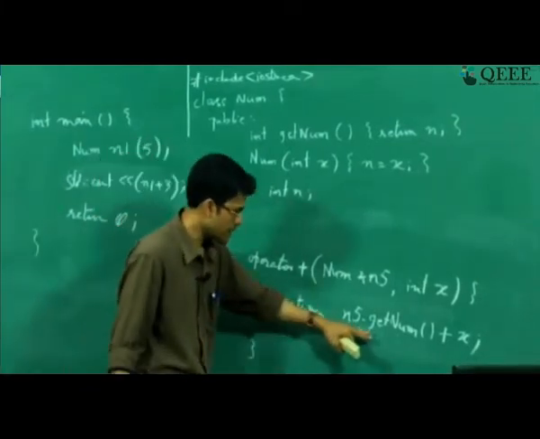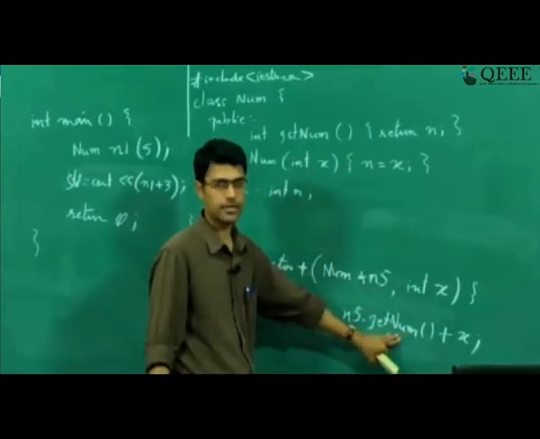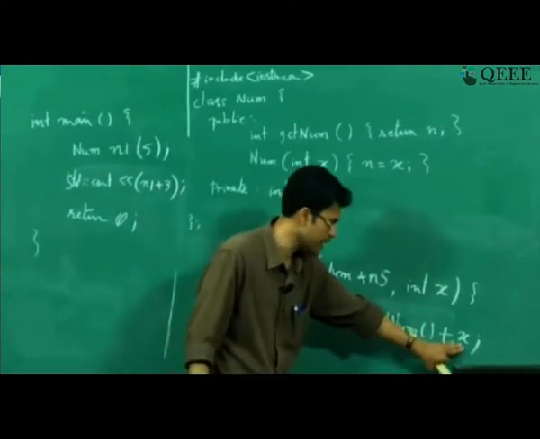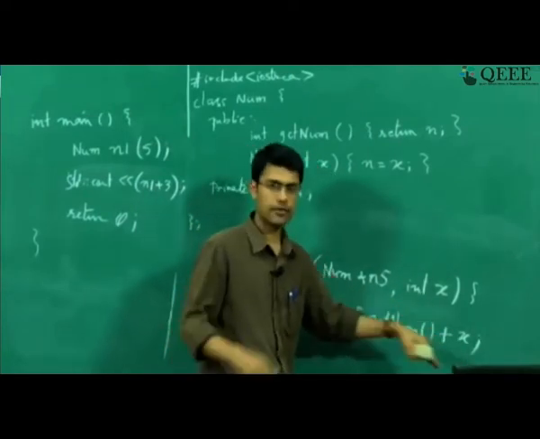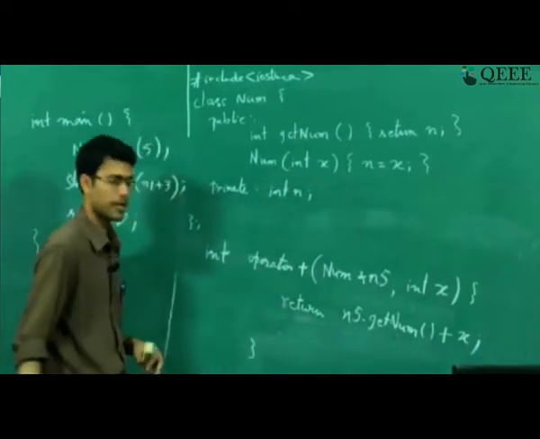So what do we get? This is an integer. There is a plus defined on integer, which is the primitive type, right, which is supported by normal regular C++, plus integer, and therefore int plus int is going to give me int. That should be the return type of operator plus, right?